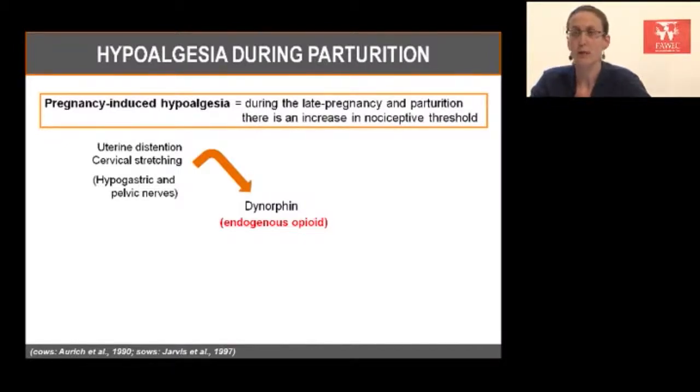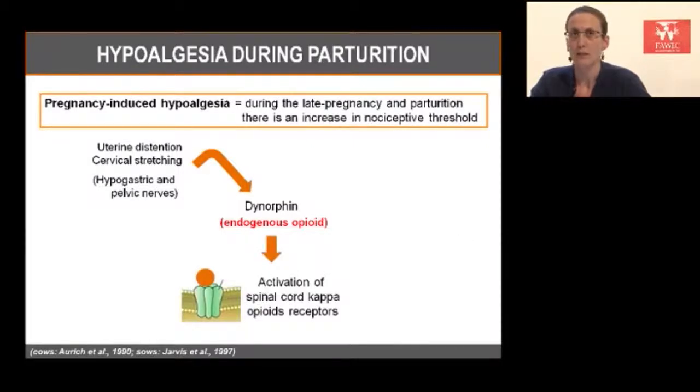So dynorphin is the most important endogenous opioid during parturition, and opioids act on the kappa receptors and consequently produce analgesia. But also the physiological changes during parturition, such as the increase of estrogens and the decrease of progesterone, also increase the dynorphin release.